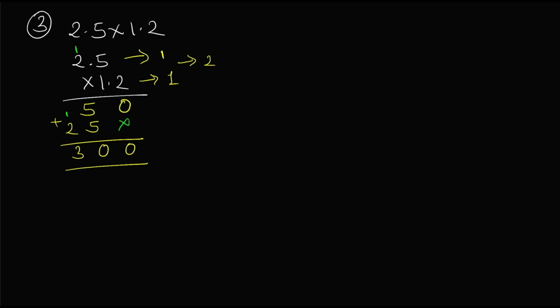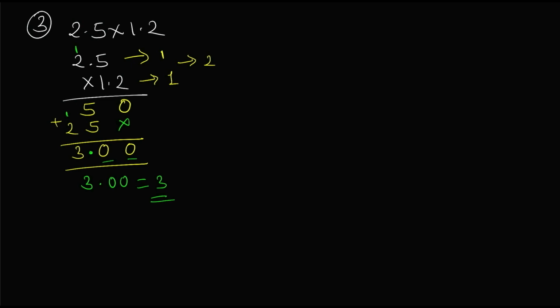So we move the decimal 2 places. Let's count 1, 2. We put the decimal over here. So our answer is 3.00, or equal to 3. That is our answer.